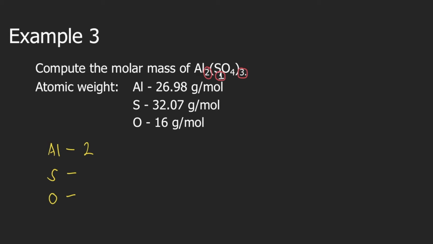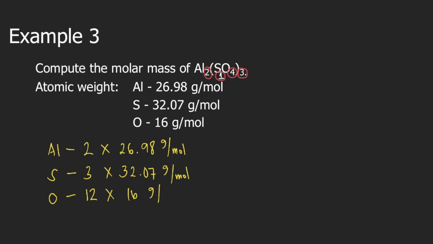So for sulfur, we have 1 times 3, that is equal to 3 sulfur atoms. For oxygen, we have 4 times 3, that's equal to 12 oxygen atoms. So for aluminum, 2 times 26.98. For sulfur, 3 times 32.07. And for oxygen, 12 times 16.